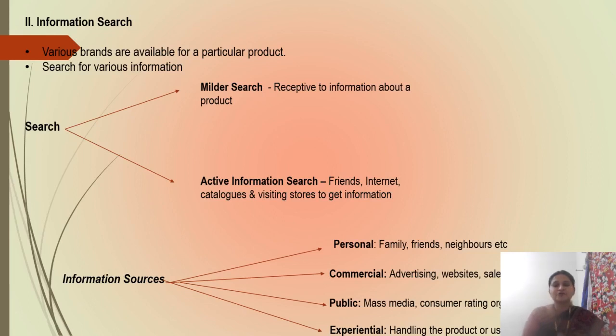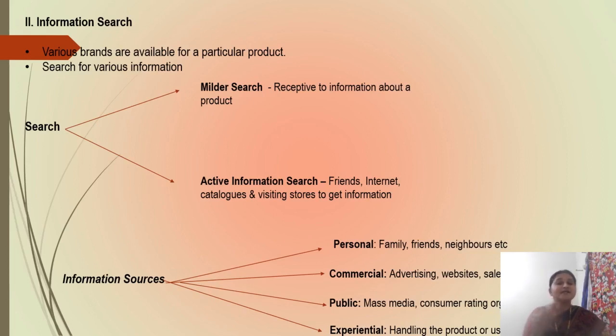Each of these sources may perform a different function. For example, a commercial source may perform an information function, whereas a personal source may perform an evaluation function. For example, a doctor has decided to purchase drugs, that is medicines, from a representative. First he will visit that brand's website and collect information.